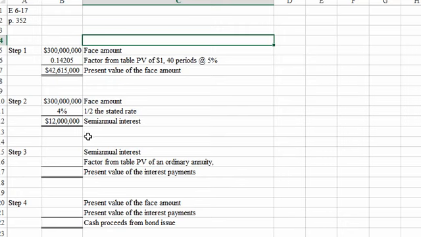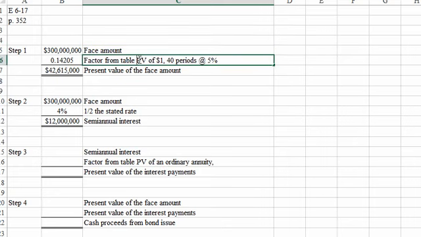Okay, now we want to know what $12 million every 6 months for 20 years is worth today. So we want to take the present value of it. Well, it's going to be paid at the end of every 6 months, so we'll go find a factor from our table, present value of an ordinary annuity.